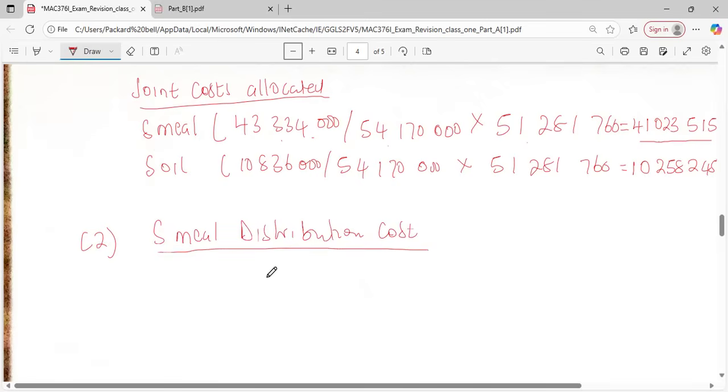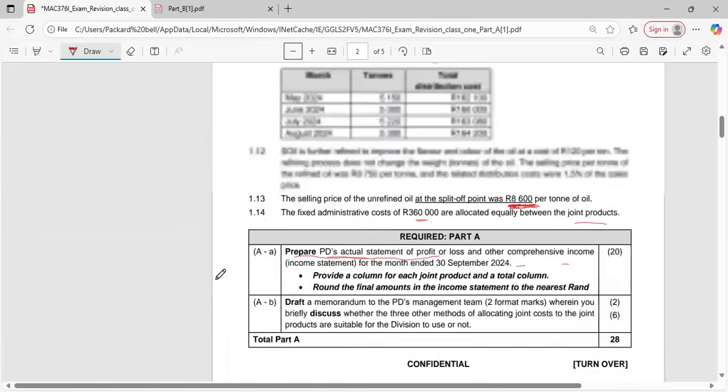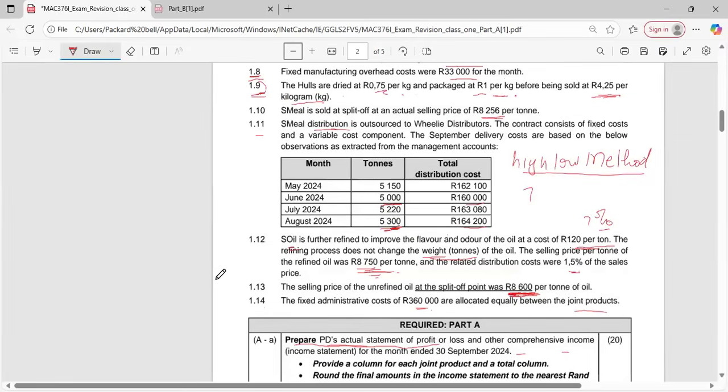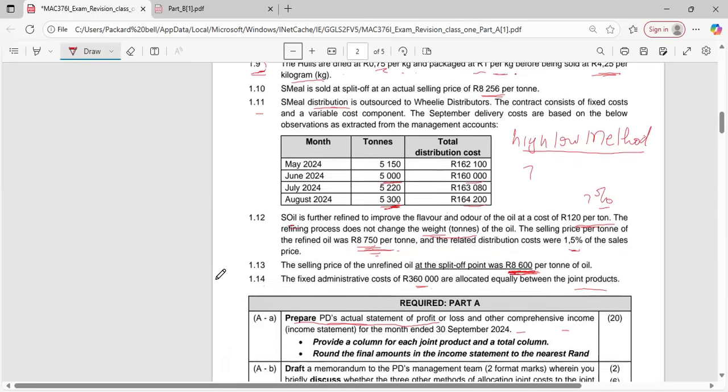So which means we are going to have the highest cost minus the lowest cost over the highest activity minus the lowest activity. That's how we determine our variable cost per unit. So it's going to be how much there? Let's just double check the figures here. I forgot the figures. So it's going to be 164,200 minus 160. Yeah, so that's there.